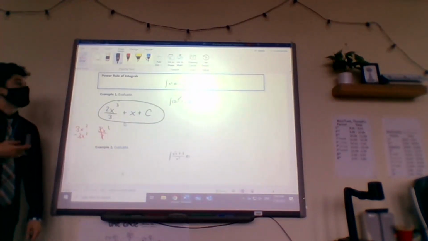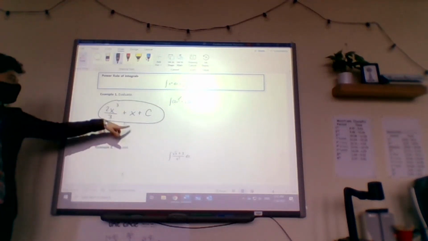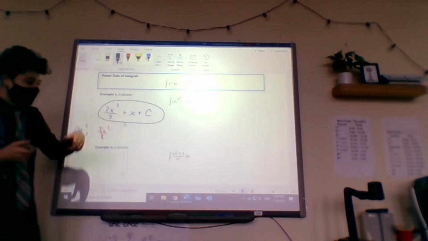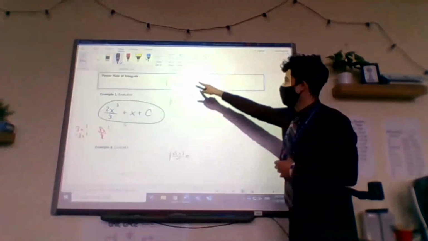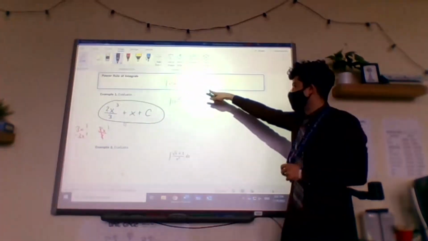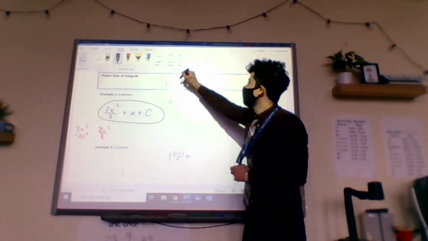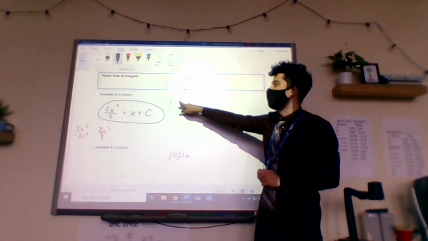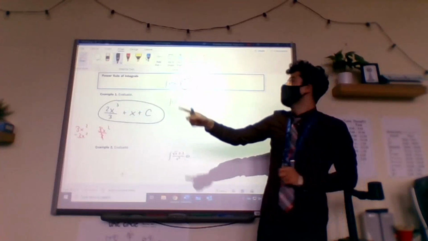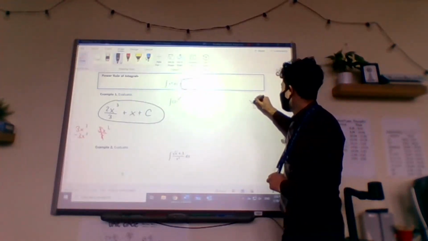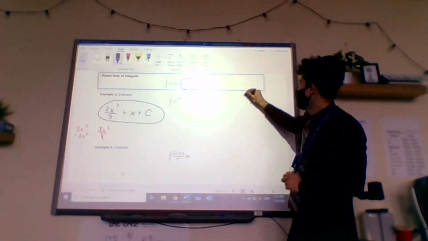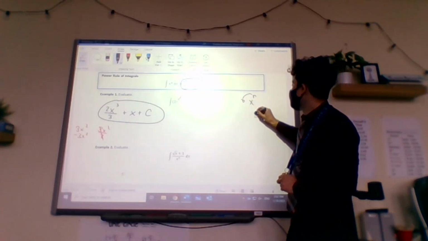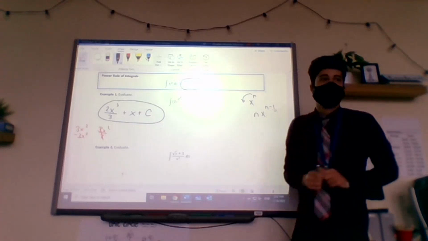Cool. All right, now what I was going to say, the general case for powers like x to the n, it says it up here. The way I think about it is it should be one more than this and then divide by the new exponent. Just like when you were taking derivatives of x to the n, that would come down, so you'd be multiplying by the old exponent, and then you'd subtract 1.